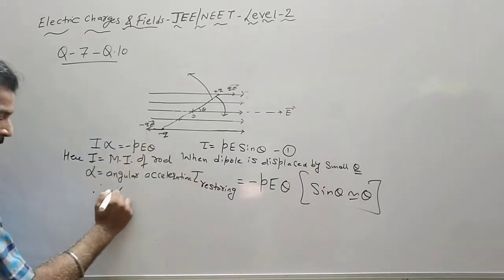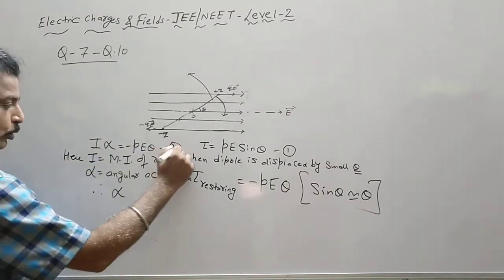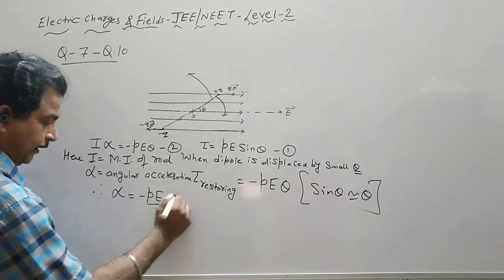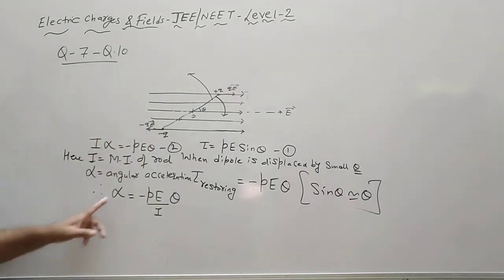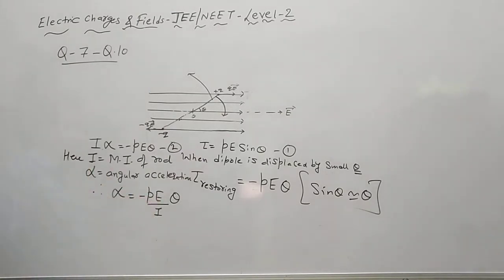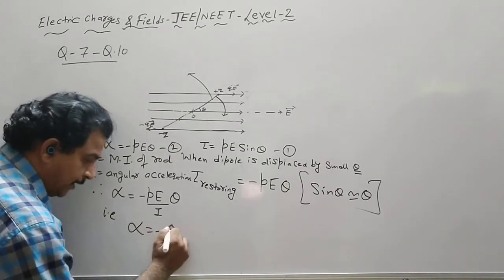Let us name this equation number 2. Therefore, alpha is equal to minus PE upon I theta. That is, angular acceleration, now PE and I are constant, so alpha is proportional to minus theta.